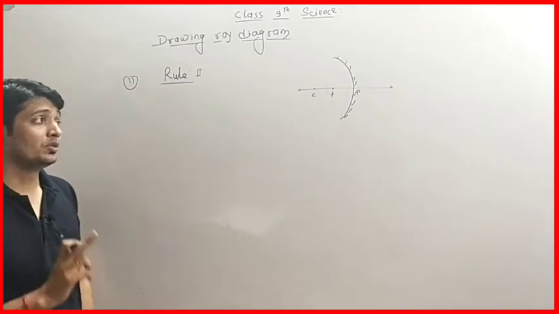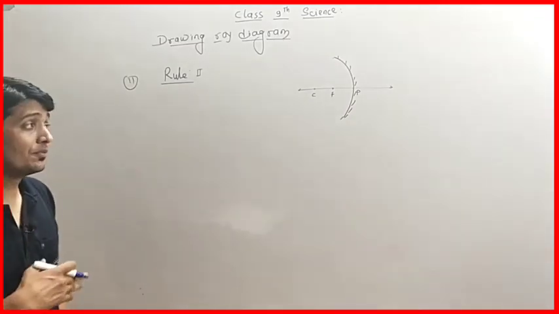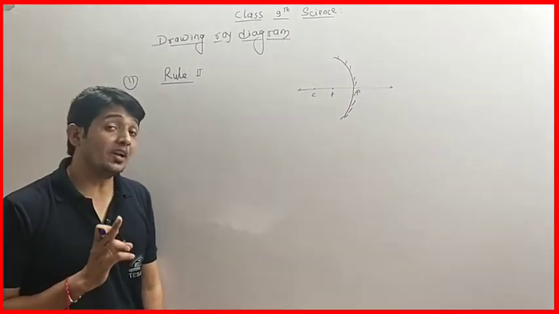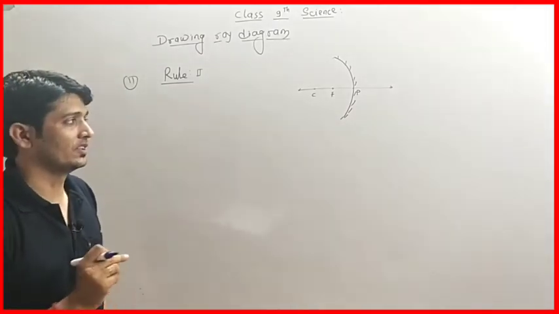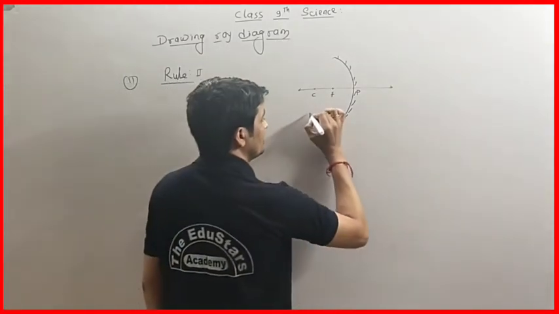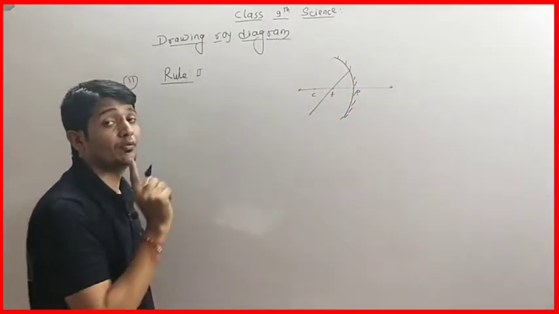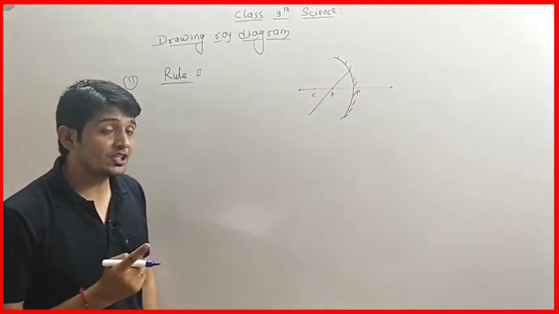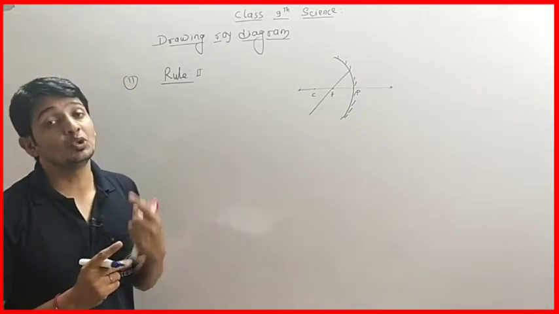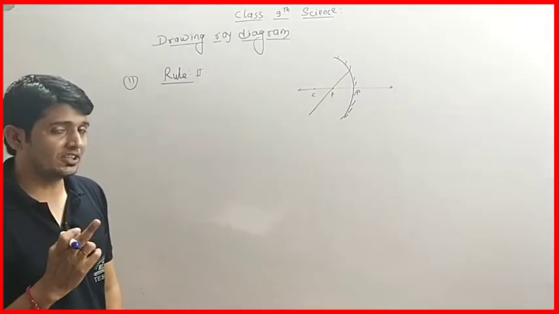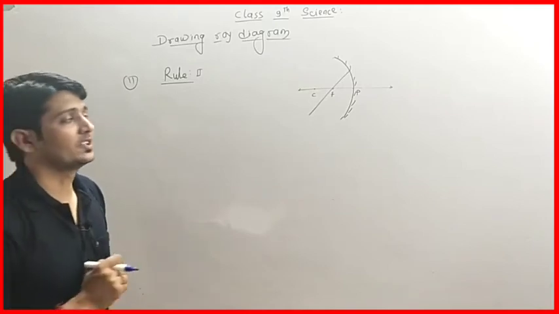The second rule says, if light rays are incident on the mirror through the principal focus, then after reflection the light ray passes parallel to the principal axis.